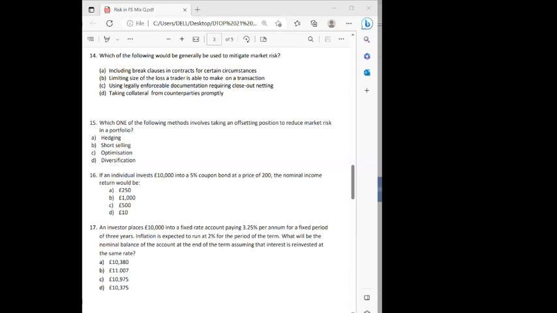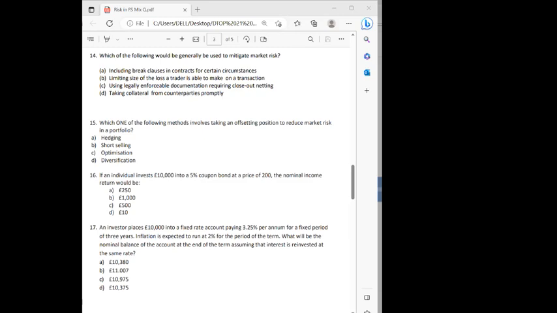Let's go past. Which of the following would generally be used to mitigate market risk? Including break clauses for certain circumstances, limiting the size of the loss the trader is able to make on a transaction, using legally enforceable documentation required for close-out netting, taking collateral from counterparties promptly.